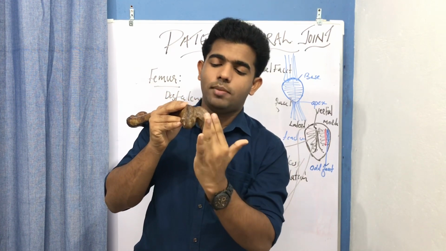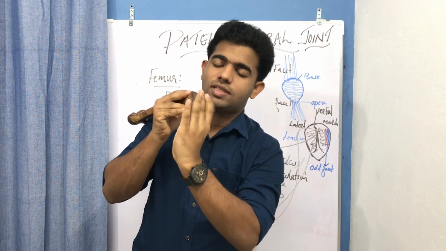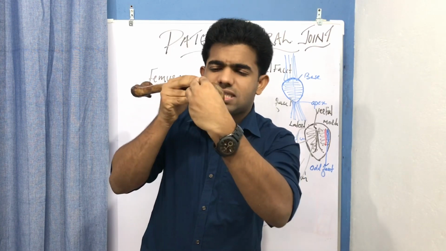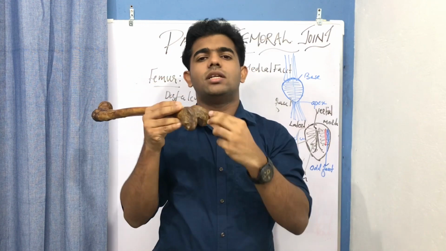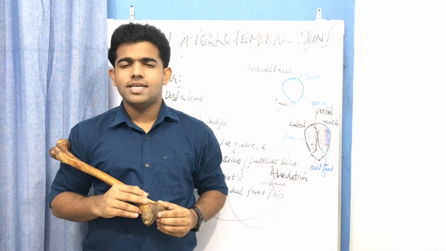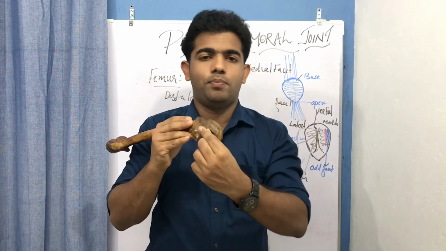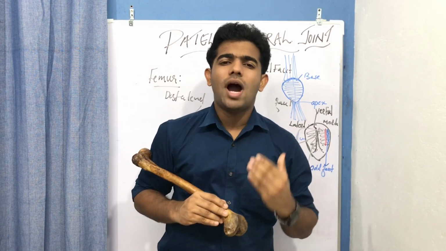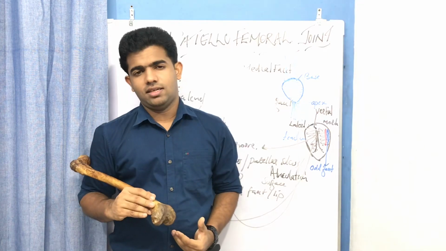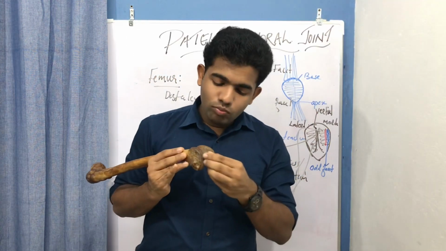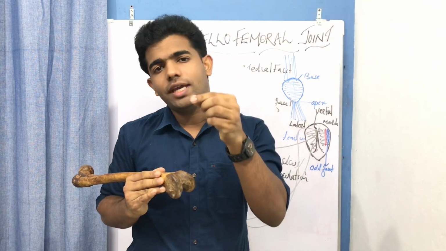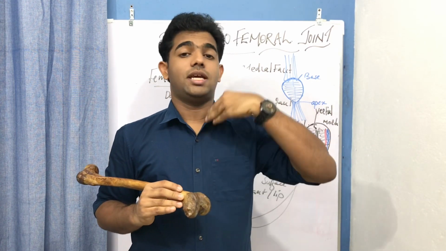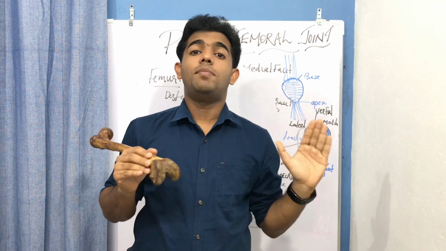In this lateral and medial facet, we see that the lateral facet is a bit more convex and slightly more distal than the medial facet. It has a lip which is more prominent than the medial facet. And why am I telling this? Because this small structural modification on the femur itself has a great role in the stability of the patella.